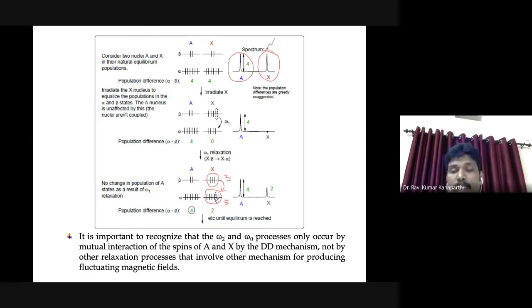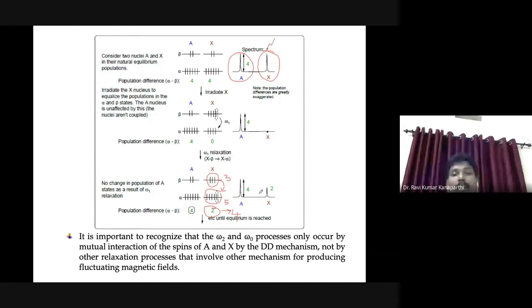Therefore, it will continue this process. I have stopped here, but you can continue similarly. The signal intensity goes up, because this will become 4, and therefore it will become the equal intensity as the A signal.